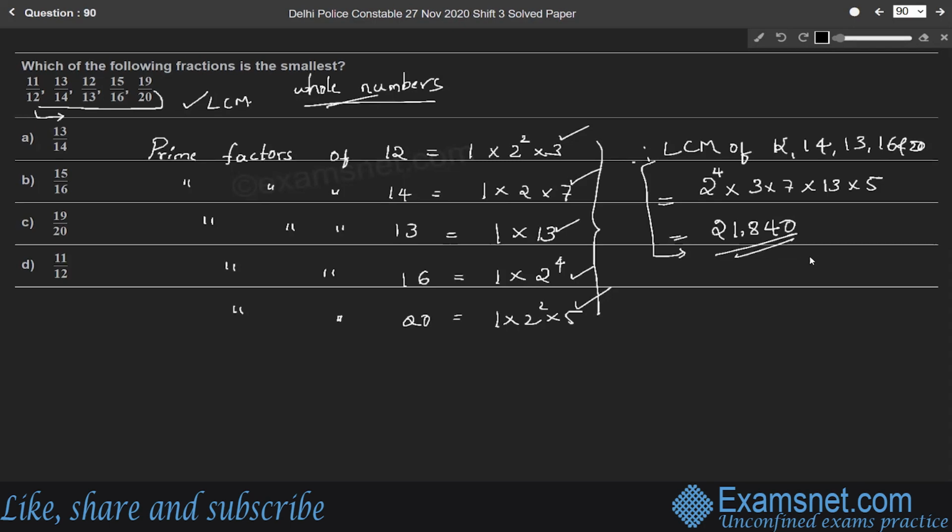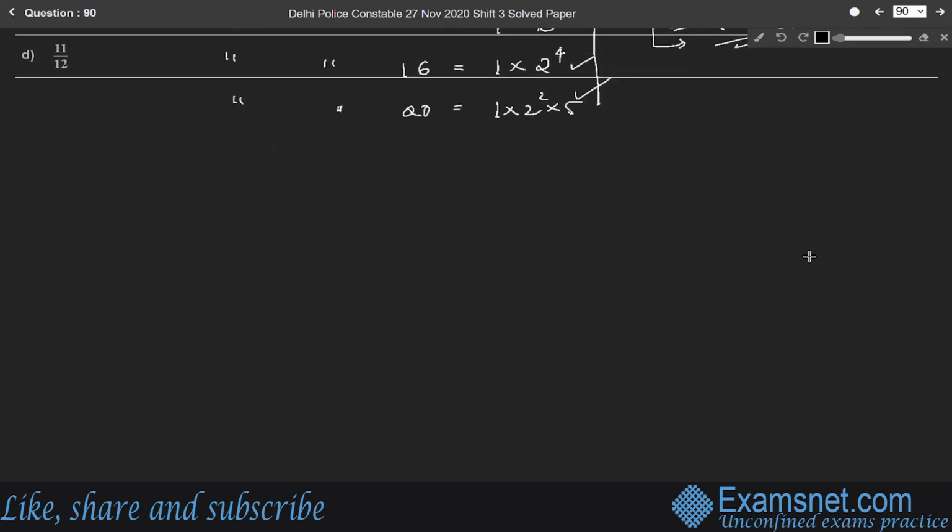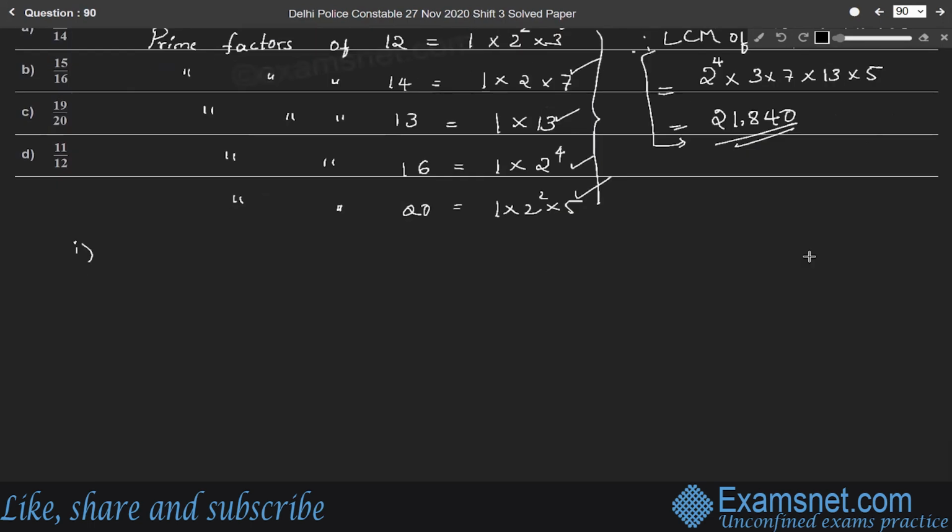Therefore, the first fraction, 11 by 12 into the LCM, that is 21,840, gives the number 20,020.